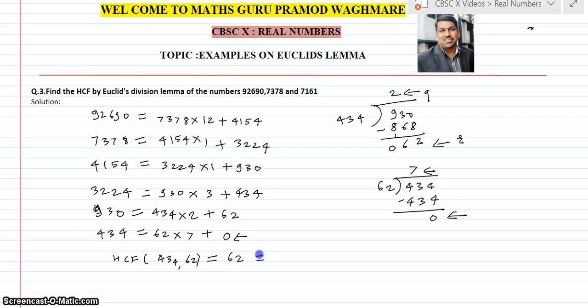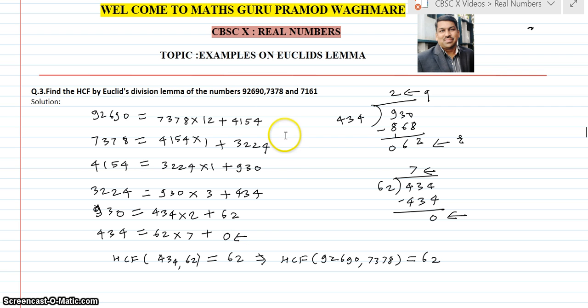That means HCF of 92690 and 7378 is equal to what? 62.